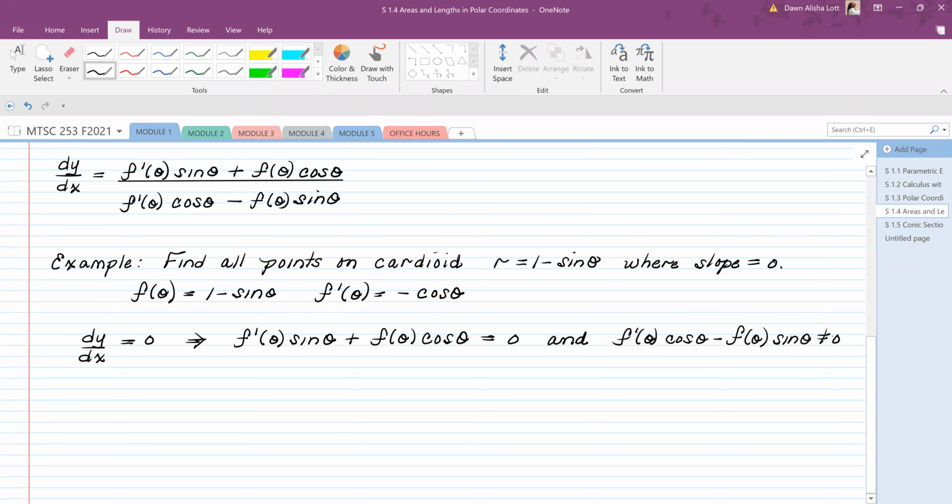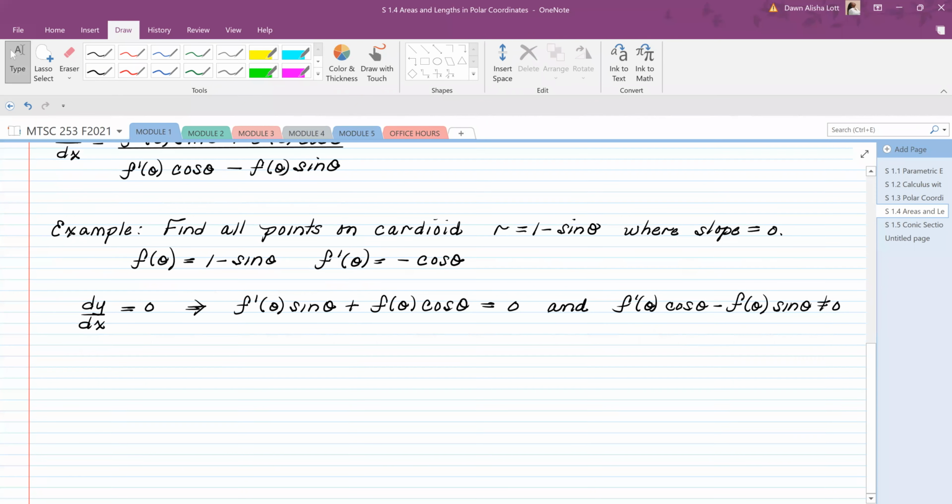So the numerator is 0, but the denominator is not. So let's look at the numerator.